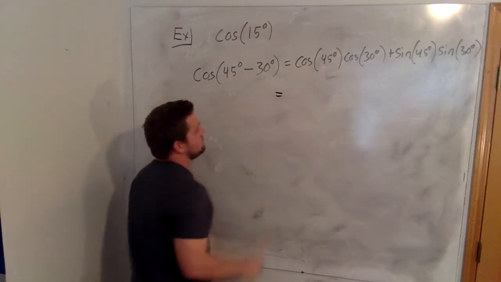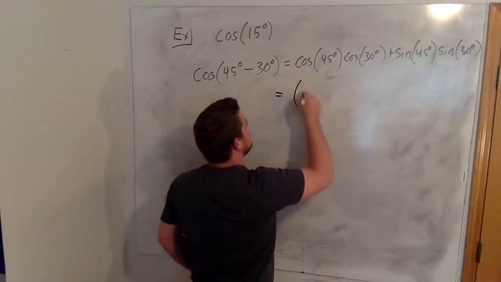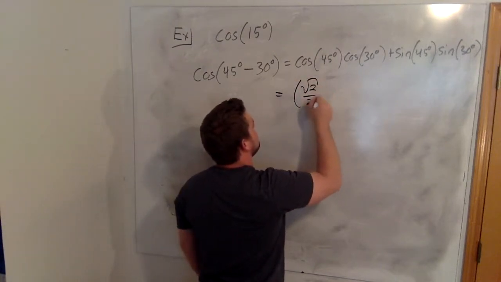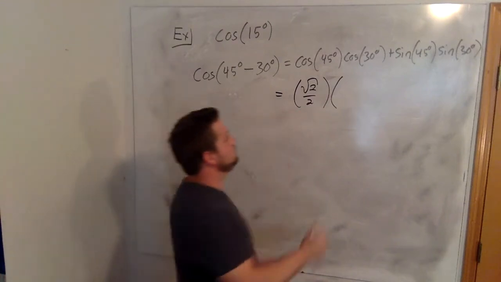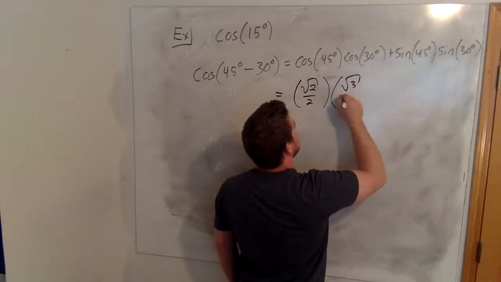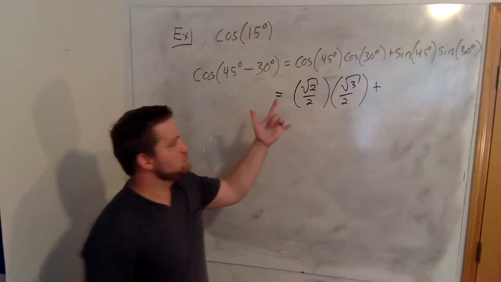Well, cosine of 45 degrees is root 2 over 2. So we'll have a root 2 over 2. Cosine of 30 degrees is root 3 over 2. Plus sine of 45 degrees is root 2 over 2.